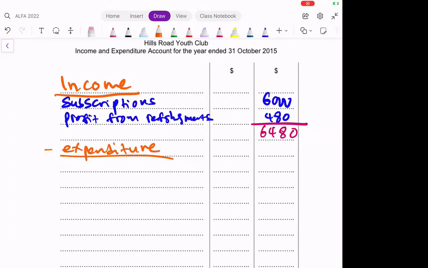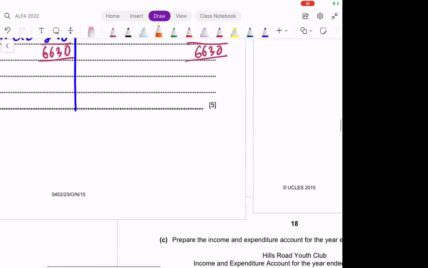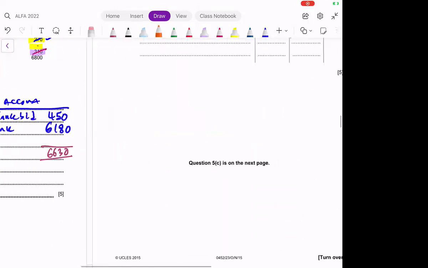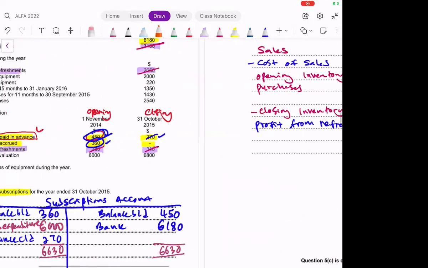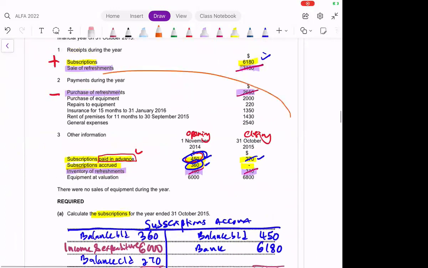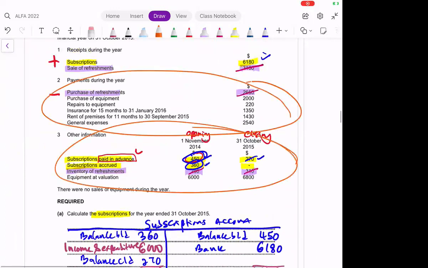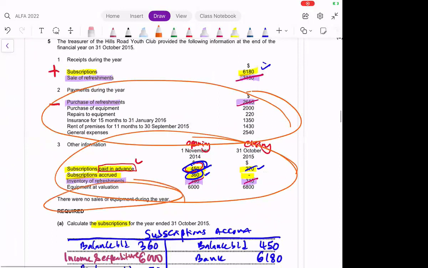This income minus the expenditure. So what are the expenditures that you have? Where do you check the expenditure? In the previous answer, but the previous answer doesn't have all of it. We're done already. So you go check in the payments and also balance b/d c/d and additional information.